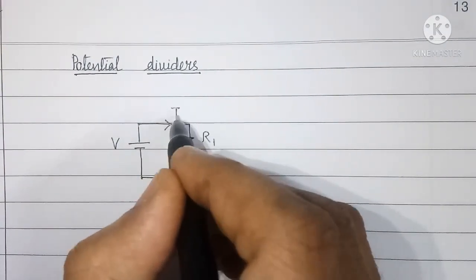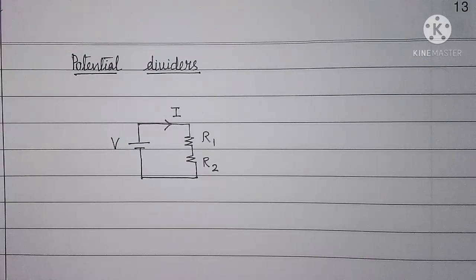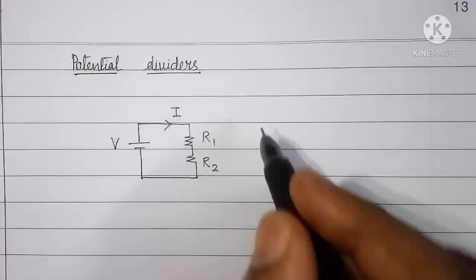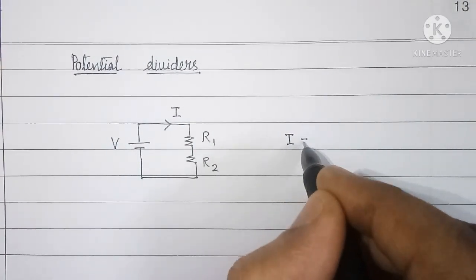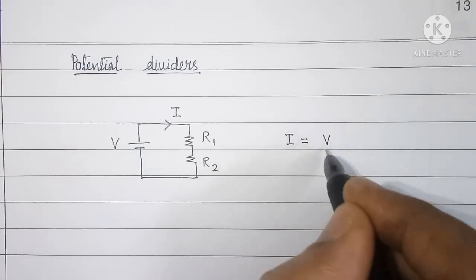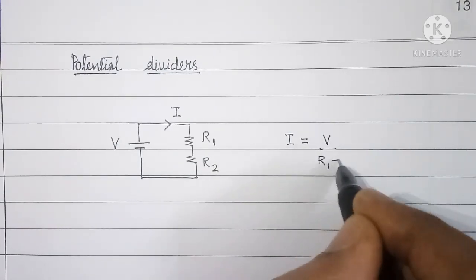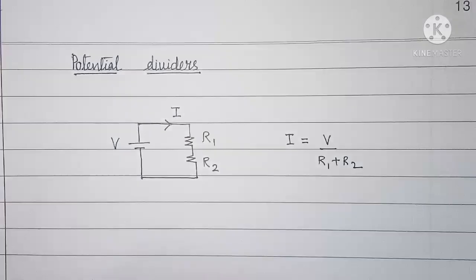The current flowing through the circuit is I amperes. By Ohm's law, we calculate current I as V divided by R1 plus R2.